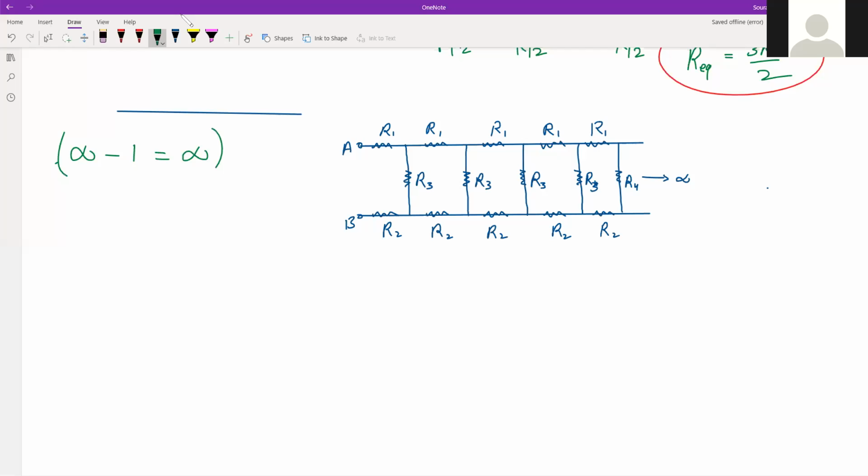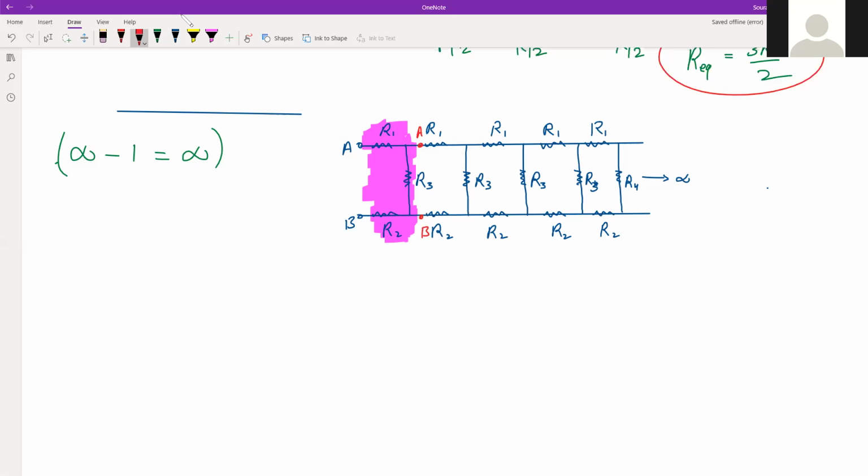That means, if instead of this, I start seeing this circuit from this point, that is after removal of this, and I start observing from this point and this point, this is still the same circuit, right?